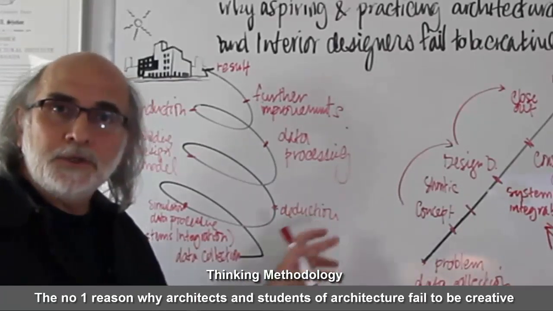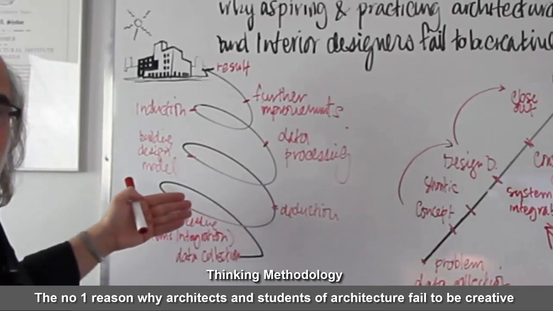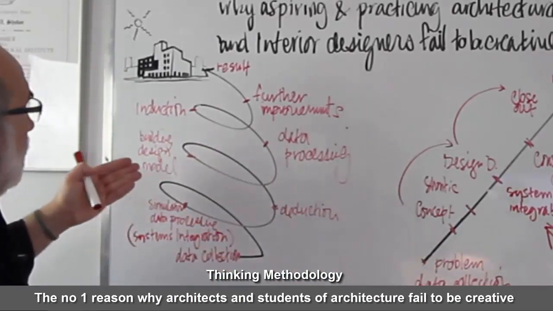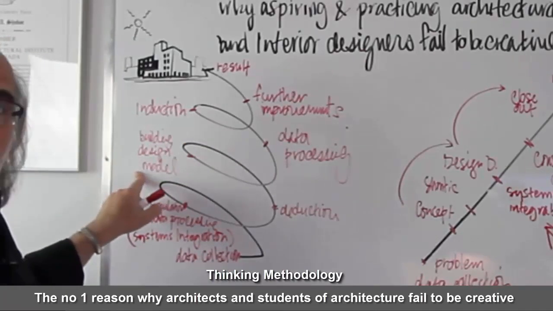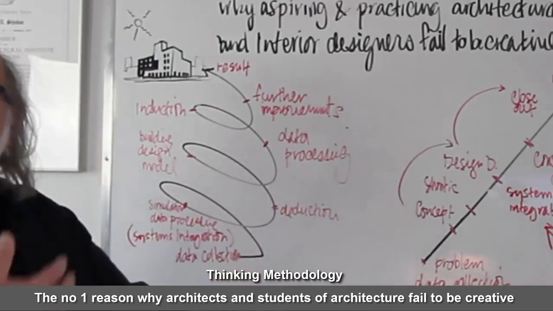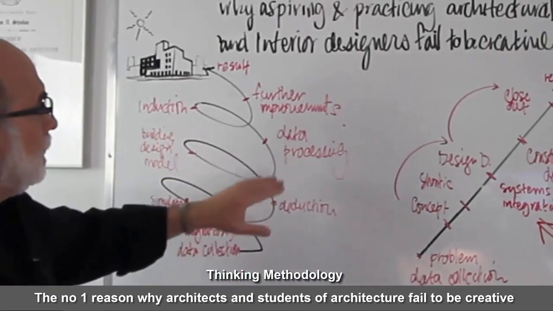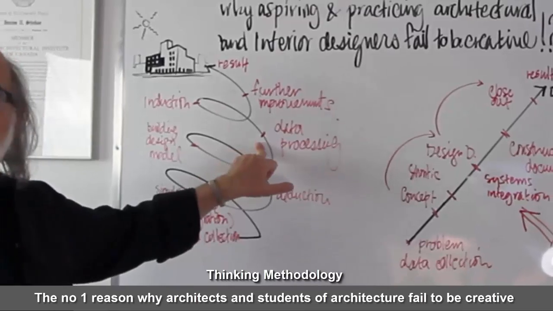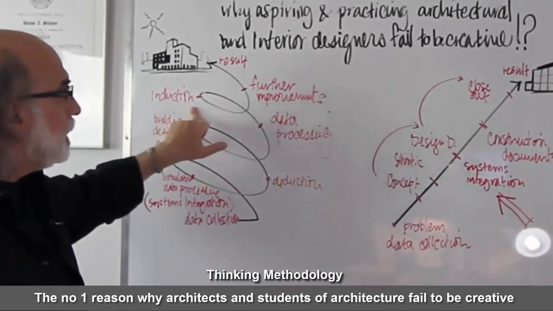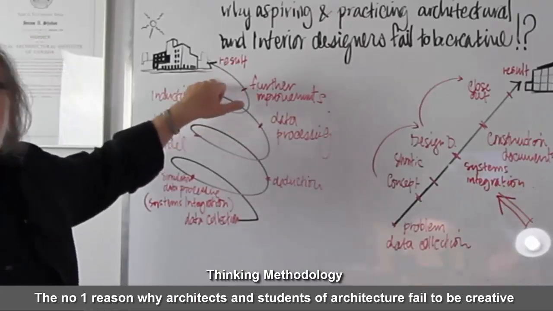The phase of deduction, we deduce what happened, what the results of the simulation are versus our design, and then we improve to do another building design model. So there's always improvement checking. These are what we call the iterations, and we pass through data processing, and then we do an induction and further improvements until we reach the final result.